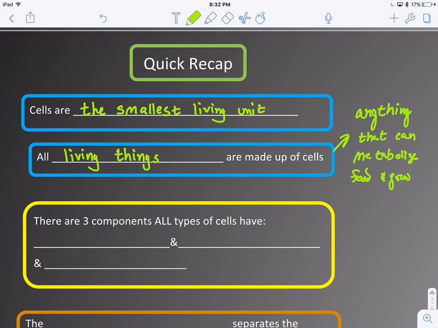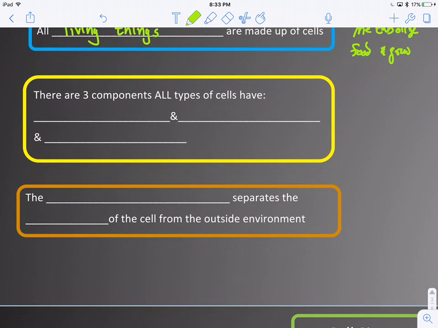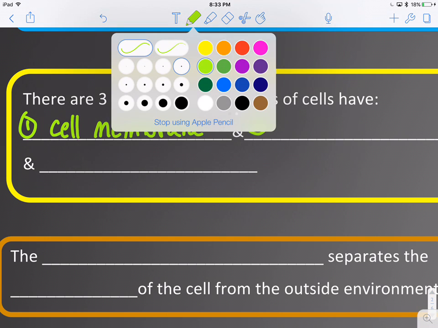And remember, there are three components that all cells, all types of cells have, no matter what actual cell they are. And we said the first one was a cell membrane. We said the second one was cytoplasm.